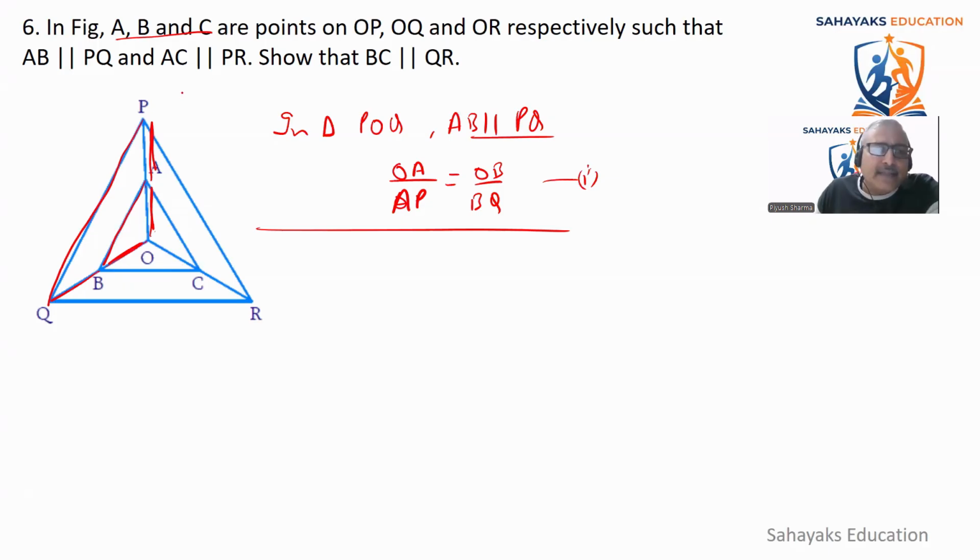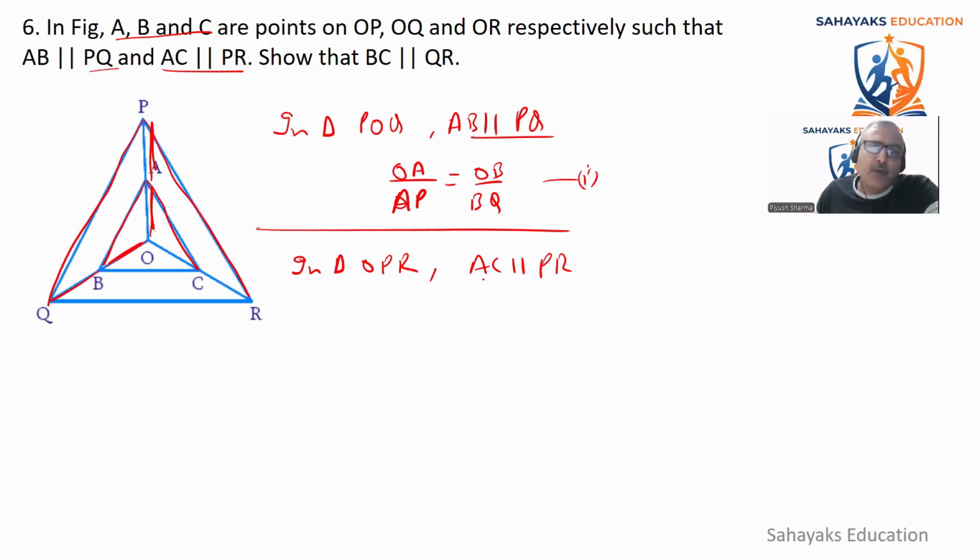Now, on the other side, they've mentioned that AB is parallel to PQ, and the second one was AC is parallel to PR. So this line, AC, is parallel to PR. So I'll say in triangle OPR, AC is parallel to PR.